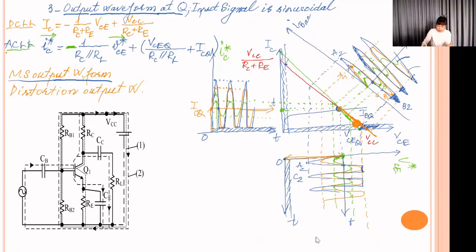The first kind, here, is the green color line. The first time you have the green color line, and the second time you have the orange line. This is the orange signal.